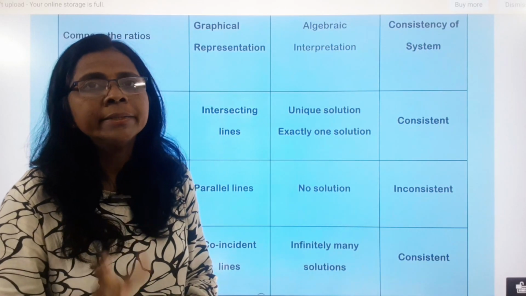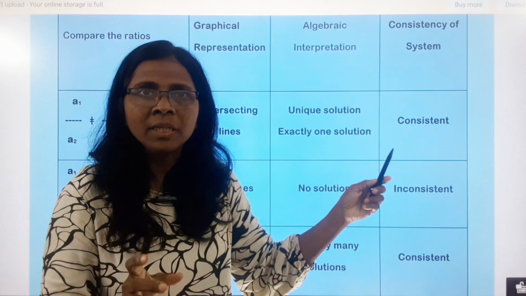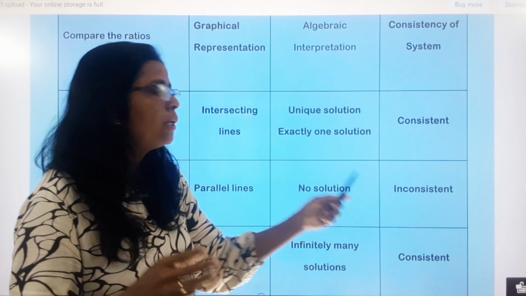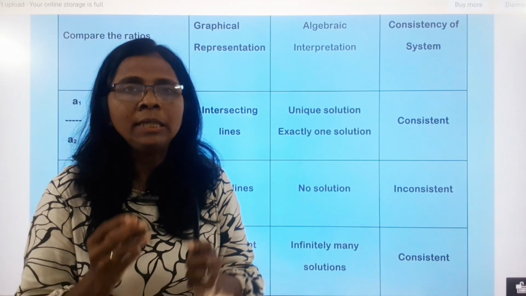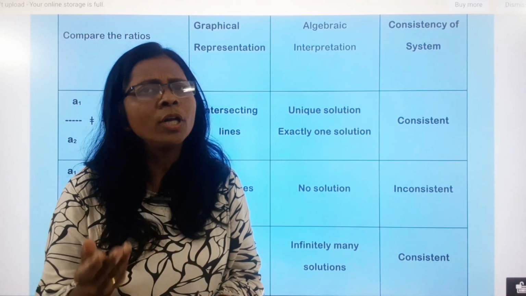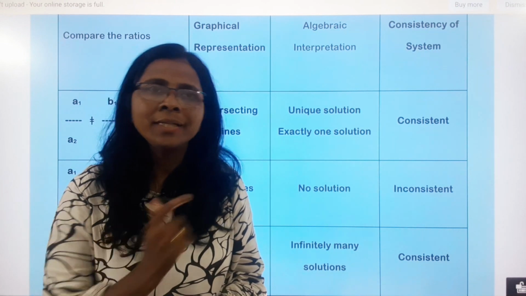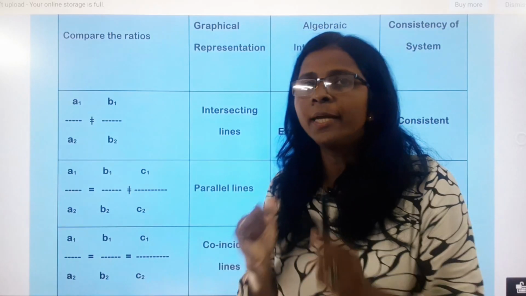Then we get the consistency of the system, that means consistent or inconsistent. So let us see this chart and observe carefully.